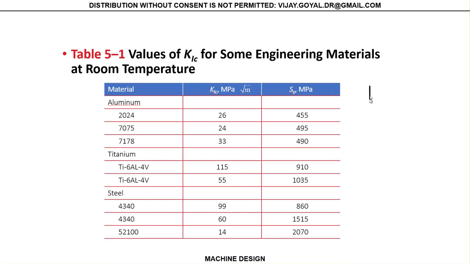Typically, what we do is mode 1 fracture toughness is equal to the value from this table. But if you wanted mode 2, sometimes it is simply 0.866 times K_IC, or we can have other means of relating mode 2 and mode 3 to K of mode 1. But this is beyond the scope of this course, and we will just limit ourselves to mode 1, okay?